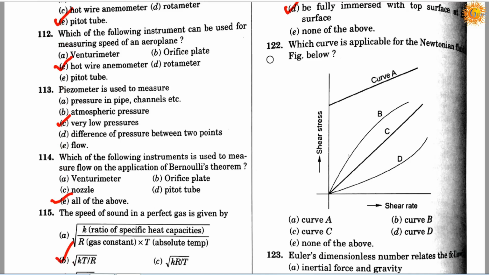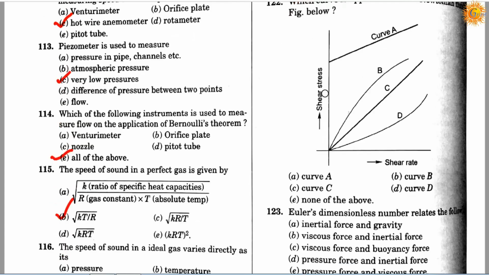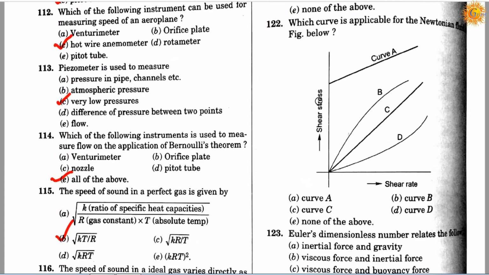Question number 122. Which curve is applicable for the Newtonian fluids in the figure below? Now you can see the graph between shear stress and shear rate, and here are four curves A, B, C, and D. According to the question, which curve is applicable for the Newtonian fluids?